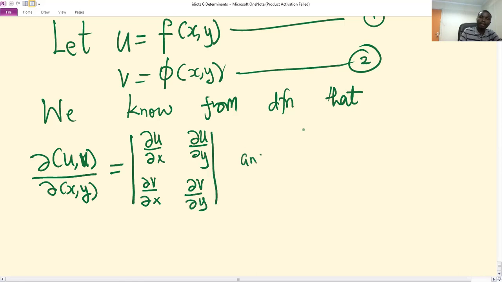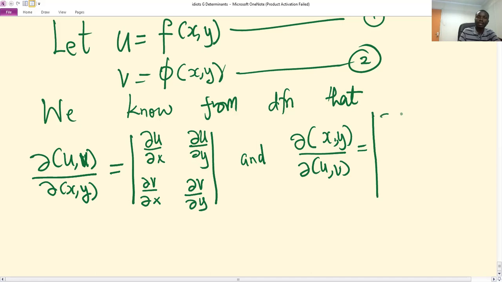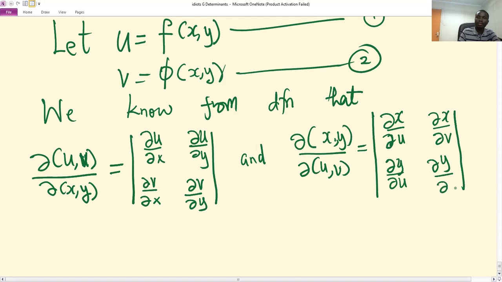And the Jacobian of x, y with respect to u, v is the determinant: partial x partial u, partial x partial v, partial y partial u, partial y partial v.